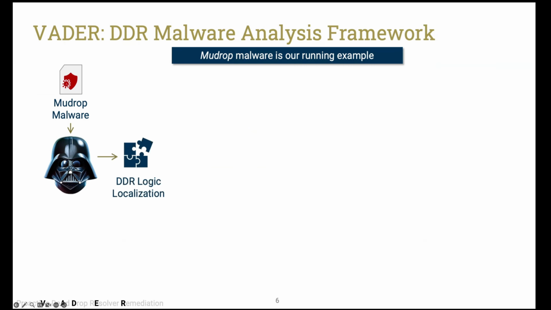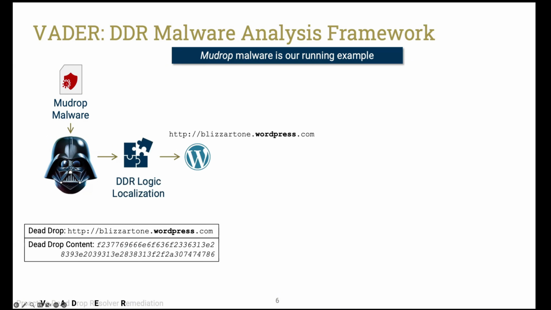Analysis begins with DDR logic localization, where VADER tracks the connection and data retrieval from a web app. If this data is then used to establish a subsequent outbound connection to the CNC server, VADER has confirmed DDR capabilities and the logic is isolated. So in this instance, VADER identified a connection to a WordPress and the retrieval of a dead drop content.